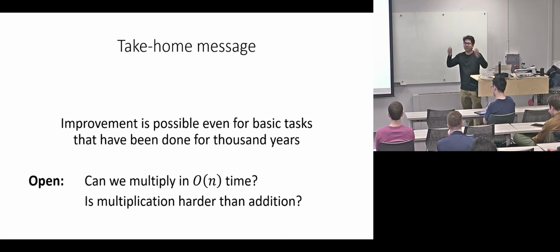Because if you have two n-digit numbers and you want to add them, the grade school algorithm would take order n time, just looking at each digit and adding them one by one with some carries. Is it true that addition is strictly easier than multiplication, or are they the same up to a constant factor? No one knows until now. So this is an interesting question.